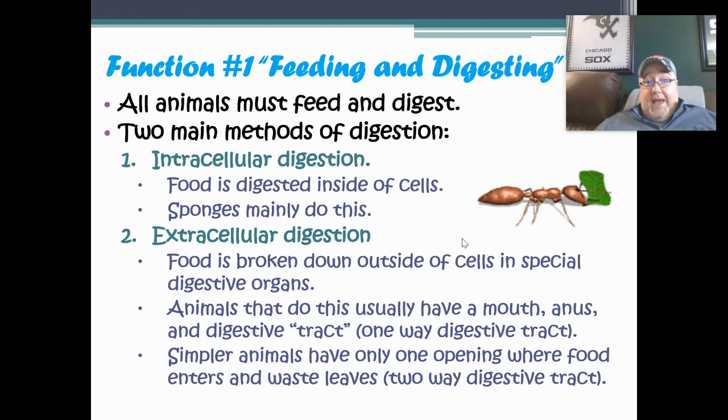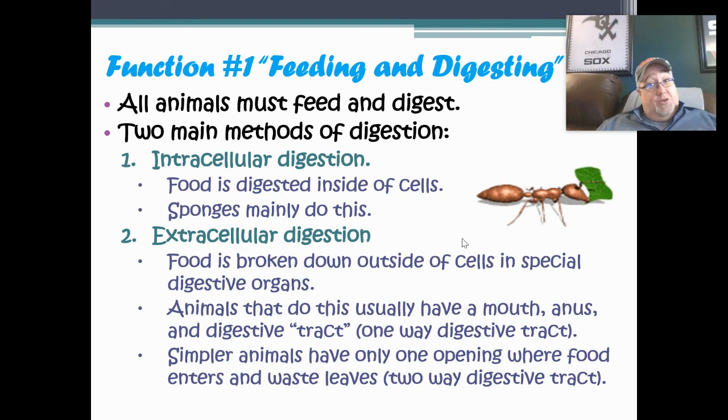That's called extracellular. Animals that do that typically have what we call a one-way digestive tract, which means food goes in the mouth, and then the waste goes out the other end. So it's a one-way street for our digestion.